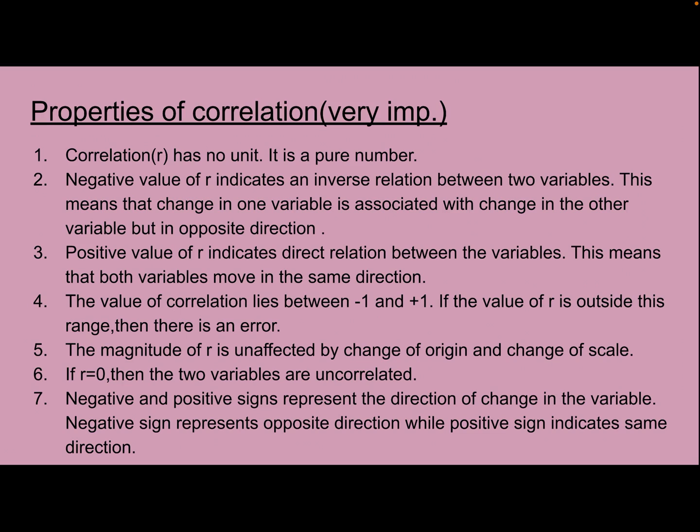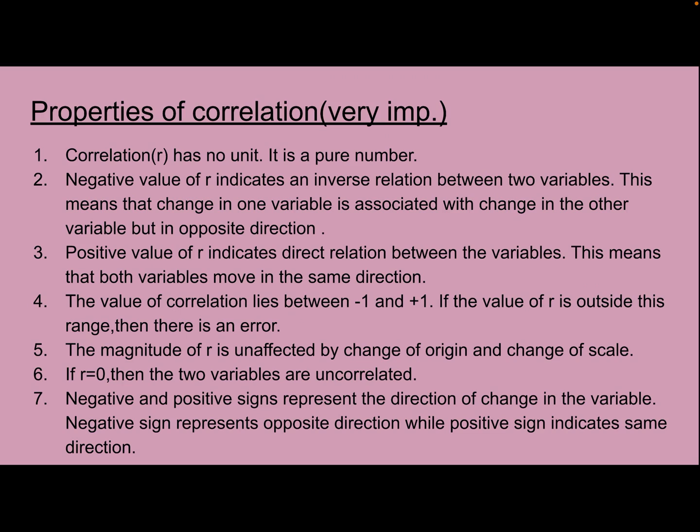Fifth property, the magnitude of r is unaffected by change of origin and change of scale. Change of origin means, students, that if we add or subtract a constant to all the values, then also coefficient of correlation will remain unaffected.